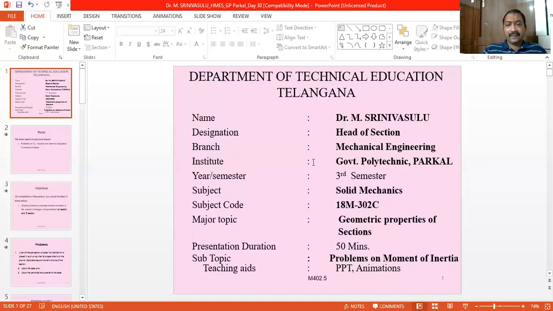So this is about locating the centroids and finding out the moment of inertias and also the radius of gyration for the different figures. So with this we can conclude this chapter.